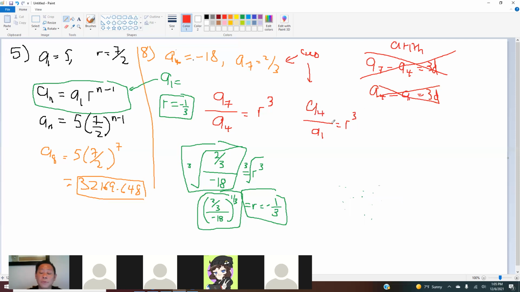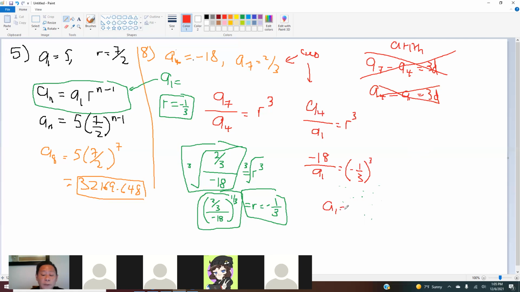Again, the R to the 3 is because the difference in term positions is 3. We know A4 is negative 18. A1 we do not know, so leave A1 here. R is negative 1/3, and you cube it. Okay, so again, solve for A1.